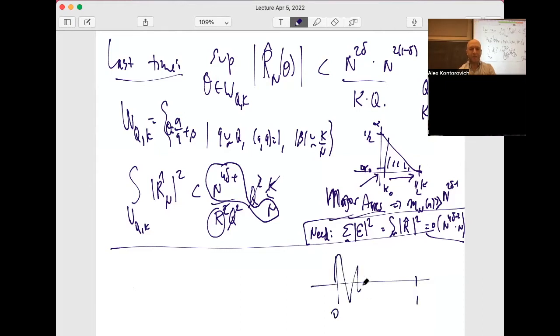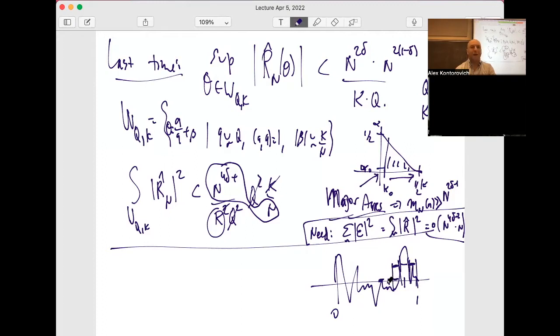The major arcs are going to catch some width kappa around some fractions with small denominators. On the minor arcs, we are at least some distance kappa over n away from a fraction which may be small or large. If we're centered at a fraction with small denominator, at least we're some distance away from it, then we expect cancellation.